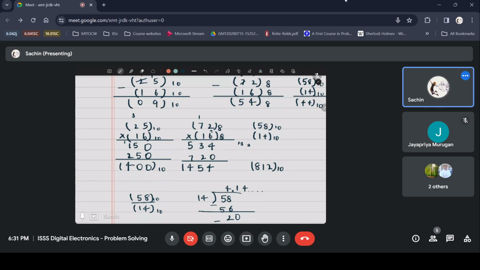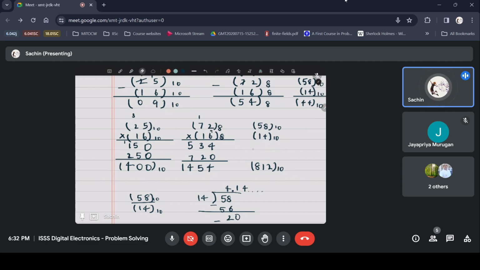So 8 goes 5 times. So 43 can be written as 40 plus 3, which is nothing but 5 into 8 plus 3. So 43 in octal is 5 3. So you write down 5 3.